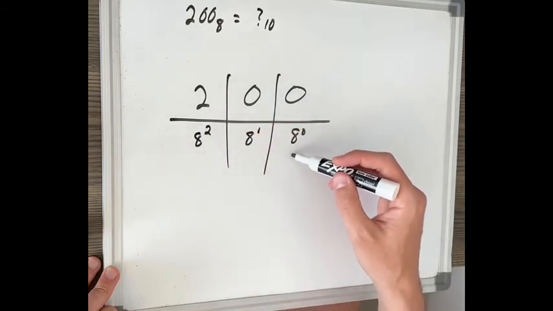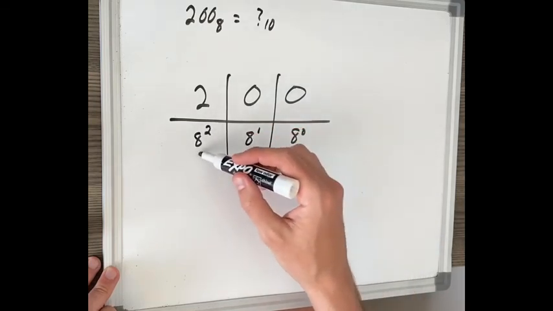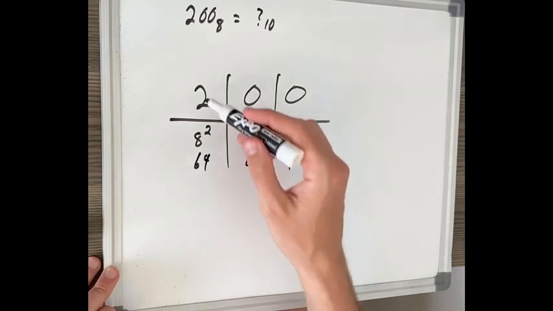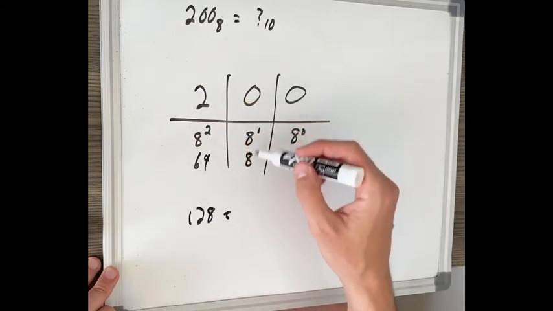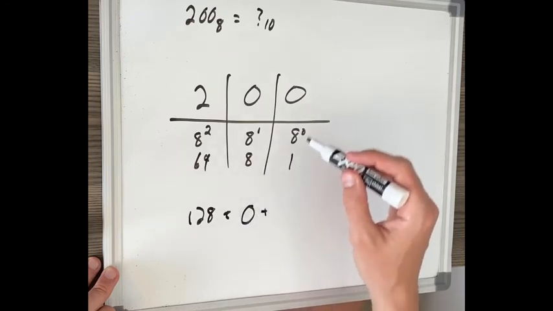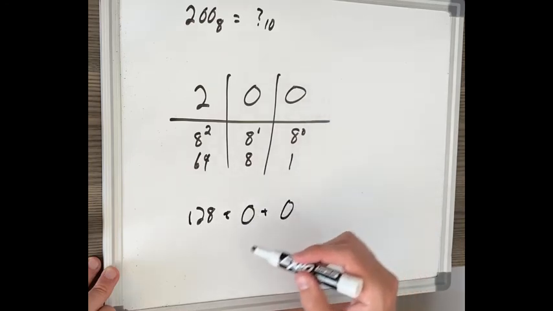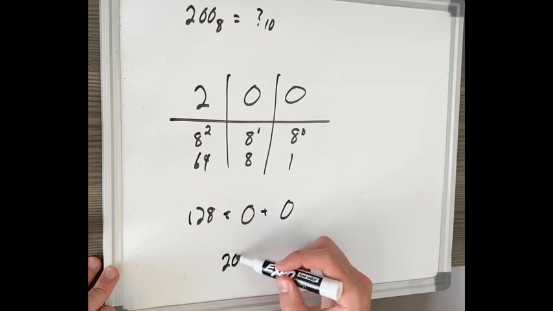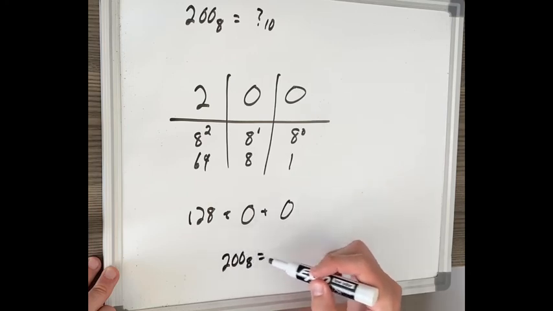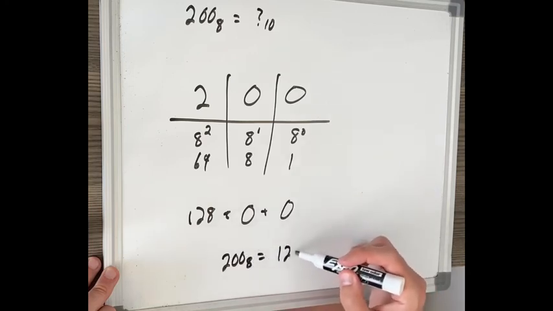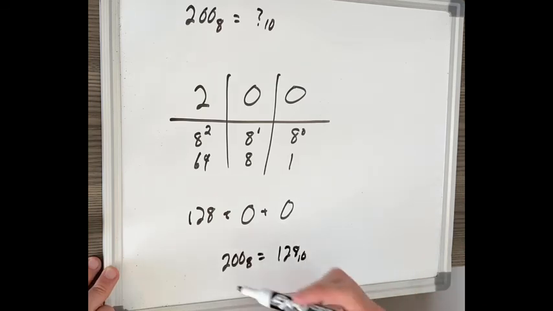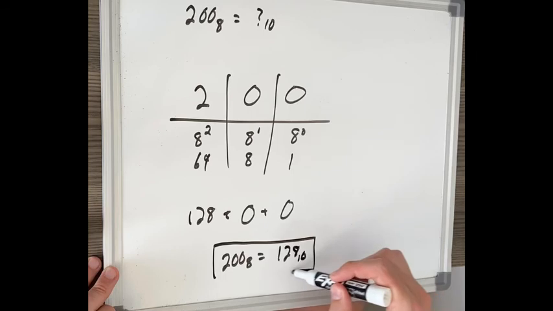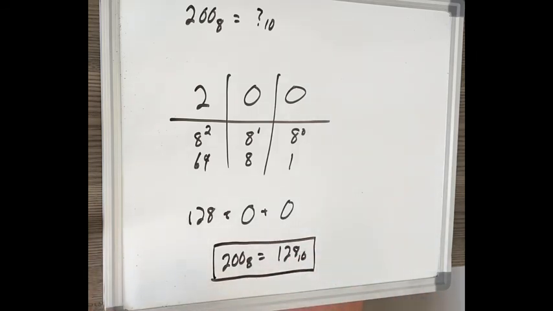So this is 1, 8, 64. 2 64s is 128. Plus 0 times 8 is 0. Plus 0 times 1 is 0. So 200 base 8 is equal to 128 base 10. And again, this is smaller than that, just a good way to verify. We could always Google it. And there you have it.